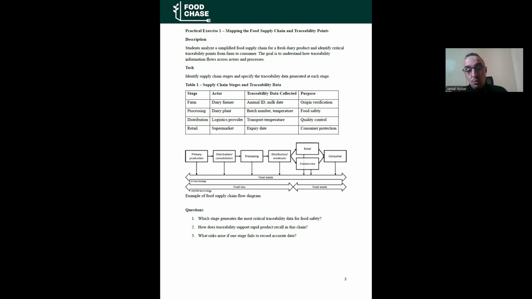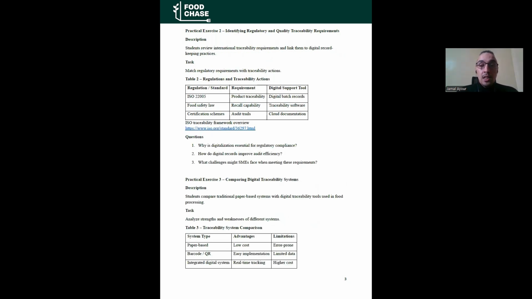And third question, what risks arise if one stage fails to record accurate data? This regards the analysis and collection of data using these traceability tools. We will use the exercise, but also the course document to resolve this question.